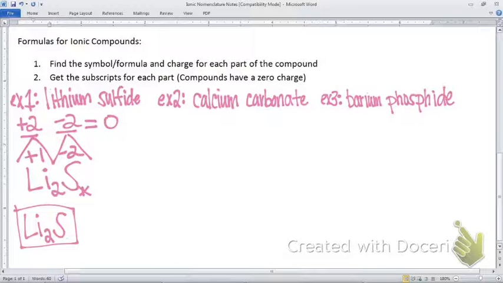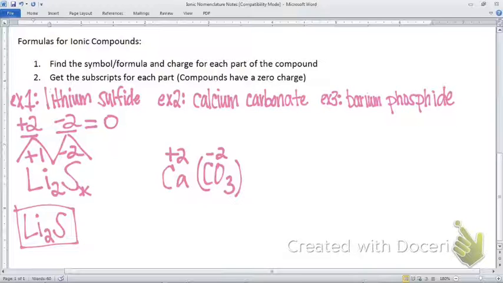Let's look at calcium carbonate. Calcium is also a metal, it's Ca. Its charge is +2. Carbonate will be found on the polyatomic ion chart. Carbonate is CO3. Its charge, -2. Remember I told you guys you should put polyatomic ions in parentheses just so we know what the actual polyatomic ion is.